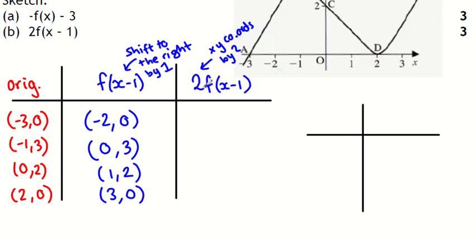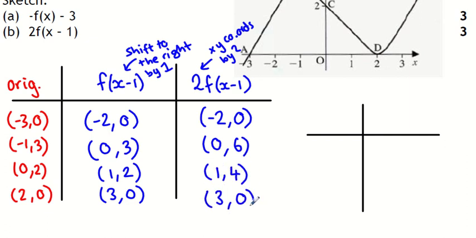Then with the 2 outside of the function, that's affecting the y coordinates. So look at your y values and multiply them by 2. These are your new coordinates.